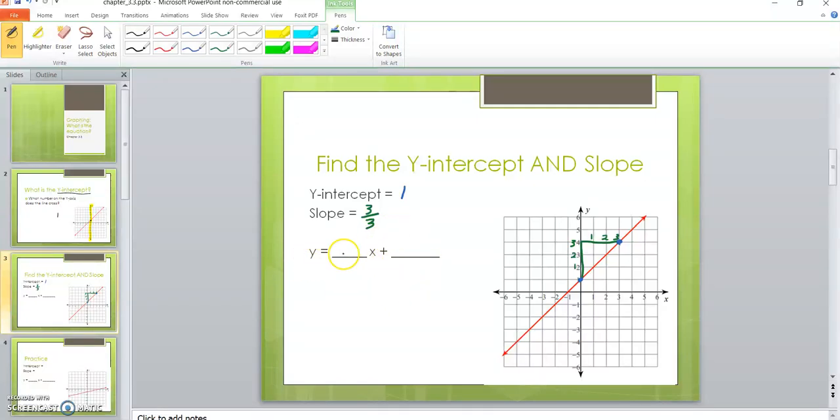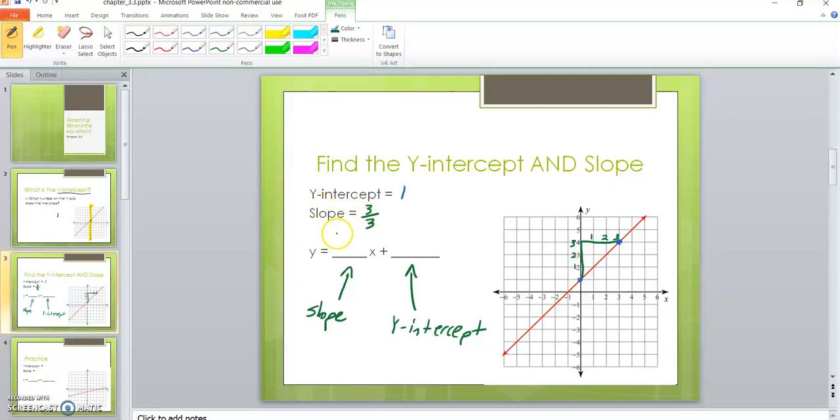Now on your homework, you're going to find this, and it's going to be filling in the blank. The first one is where your slope goes, and the second one is where your y-intercept goes. So you're going to be asked to figure out the y-intercept, you're going to be asked to figure out the slope, and then you're just going to put them in.